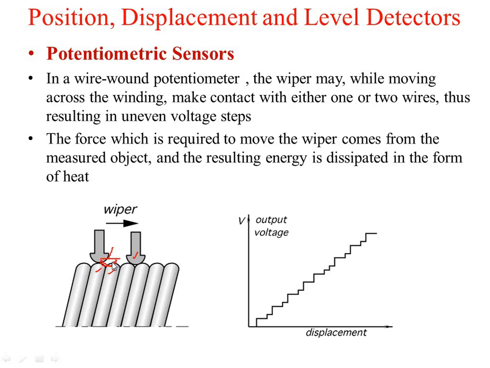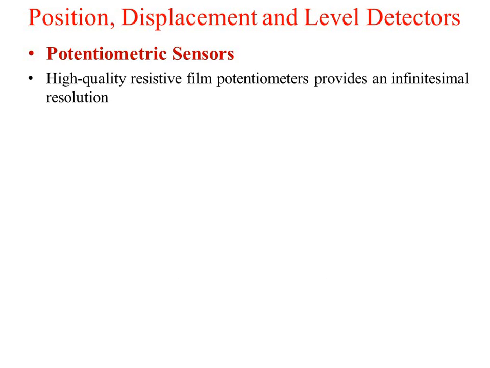Whenever you are passing currents and keep moving the wiper for a longer time, that rheostat gets heated. That heat is because of the force that you are applying to the wiper, and that friction force, as well as the current flowing through it, causes the energy to be dissipated in the form of heat.